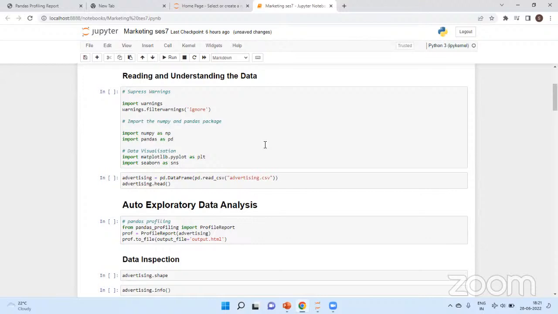So I'm using import warnings and warnings.filterwarnings ignore. And I'm importing the necessary libraries: NumPy and Pandas. NumPy generally works with arrays, and Pandas is essential for data analysis, to load the data and do some analysis.